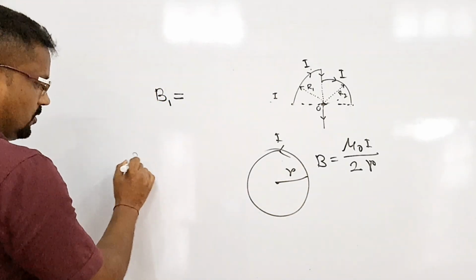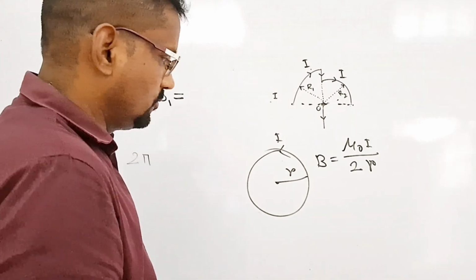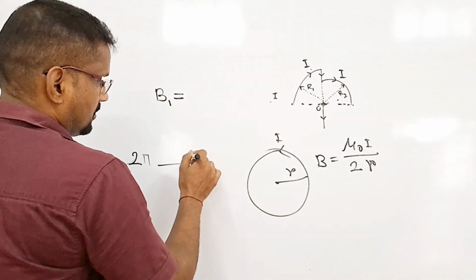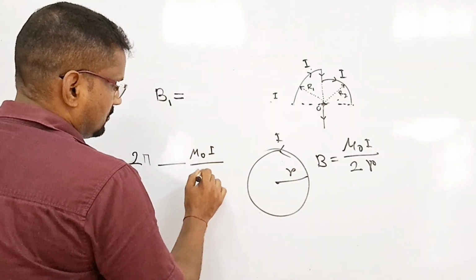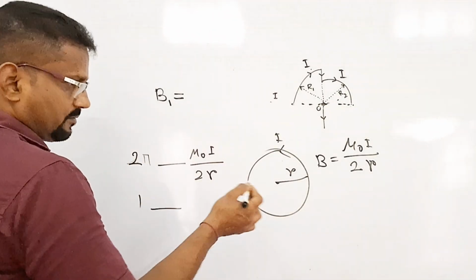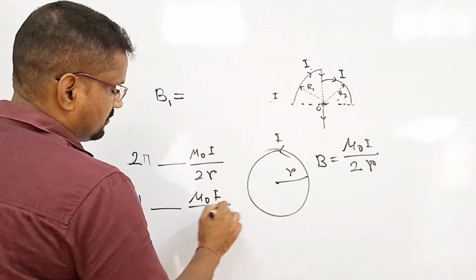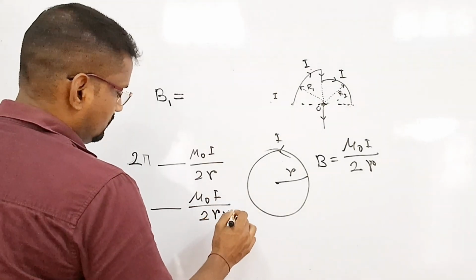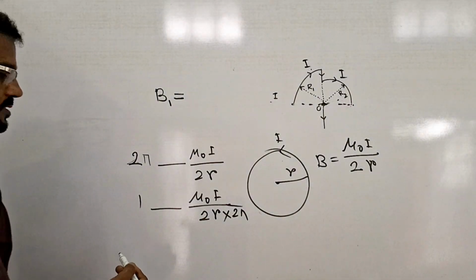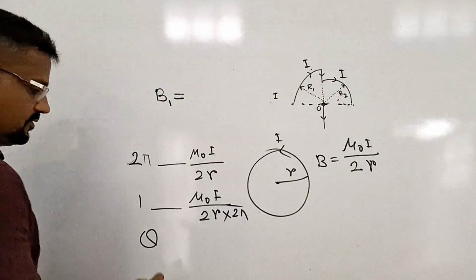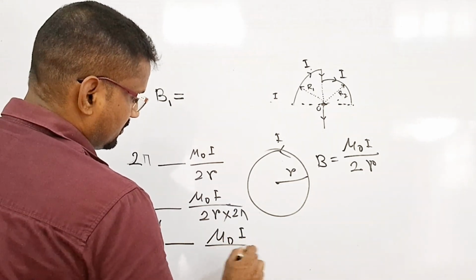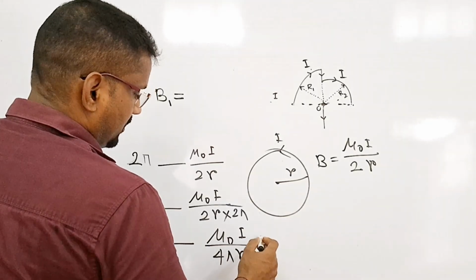So with respect to twice pi, the magnetic field is mu naught times I by twice of R. With respect to 1, by the unitary method, it is mu naught times I by twice of R into twice pi. Now, if I consider any angle theta radian, then the magnetic field will be mu naught times I by 4 pi R into theta.